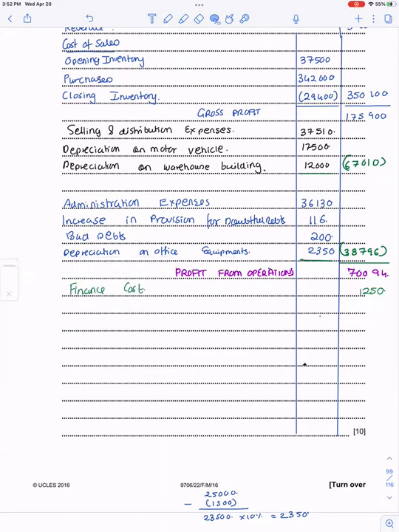Minus finance costs. So it will be 68,844. This is profit for the year.